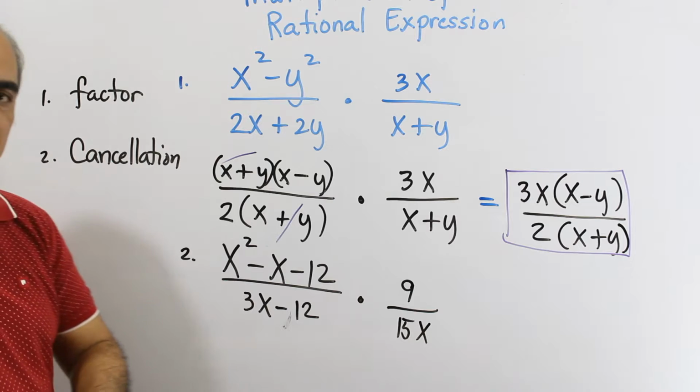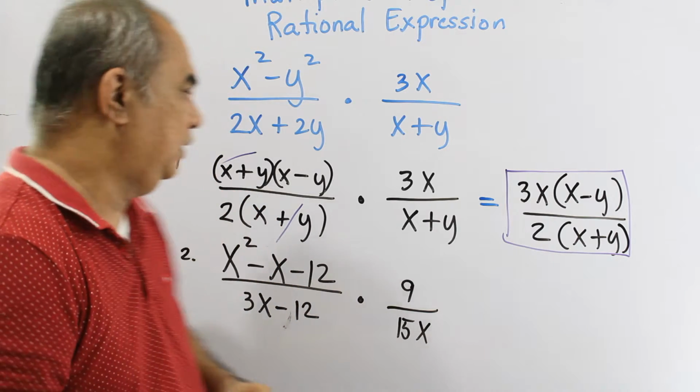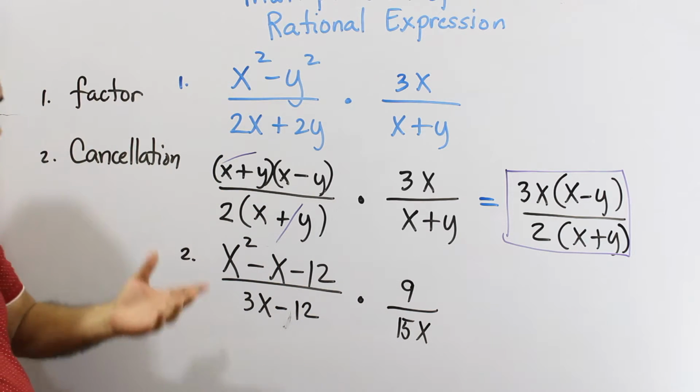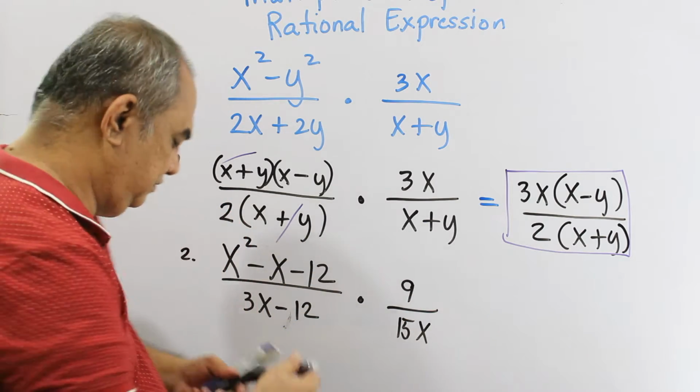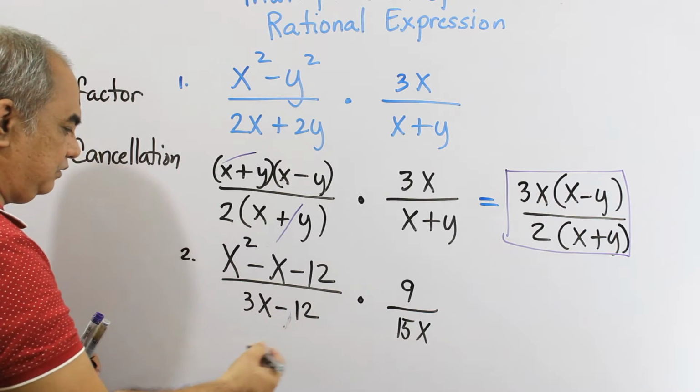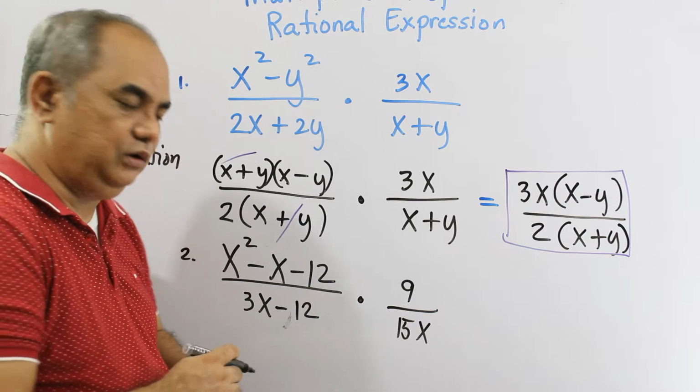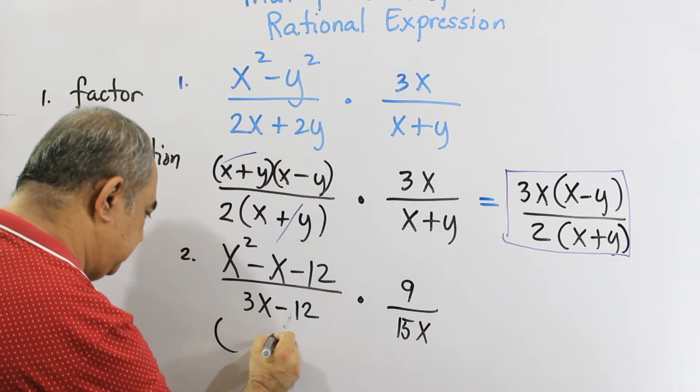So again, there are 2 steps that we have to do. First, let's factor and check which one of these can be factored. So this obviously can be factored using quadratic trinomials. So we put 2 parentheses here.